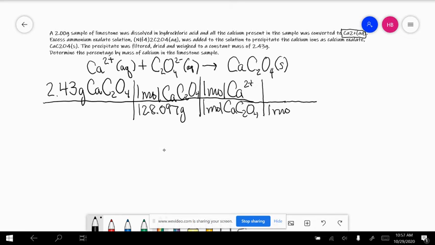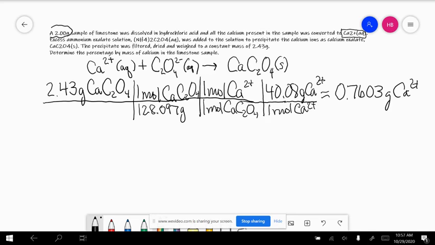So I can now say that 1 mole of calcium 2+ ions has a mass of 40.08 grams off the periodic table of the elements. So it tells us how much an element weighs, and also tells us the molar mass of an ion. I multiply this through and I get that the original sample had 0.7603 grams of calcium ions.